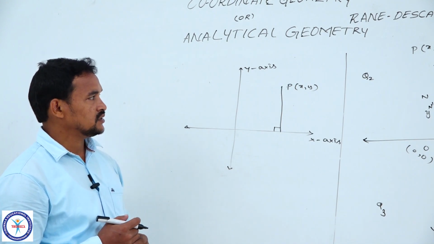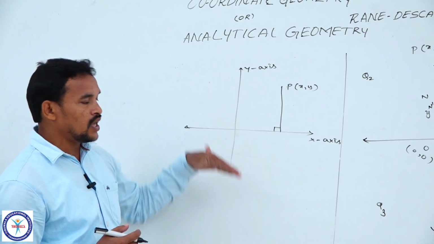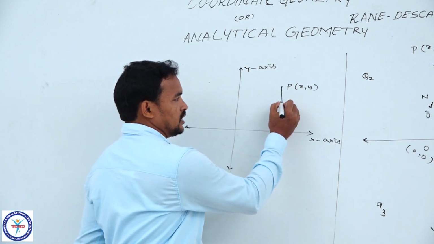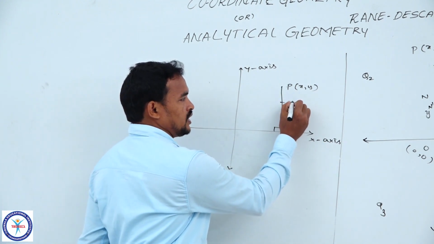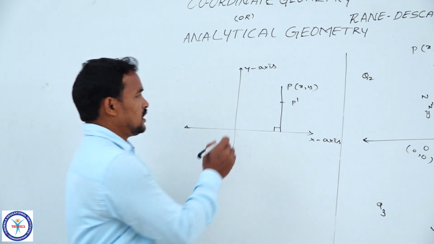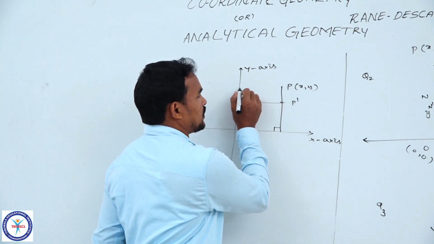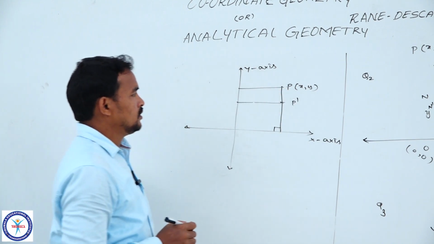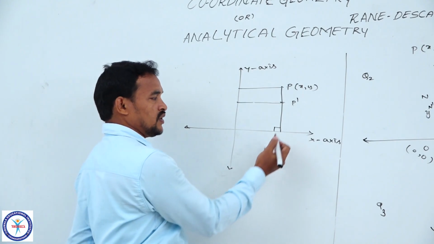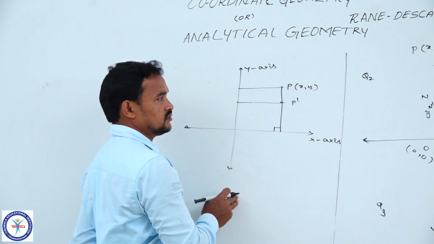Now in this case, the point P is closer to the x-axis. If the point P moves closer to here, it changes to P dash. At P dash, the perpendicular distance from the y-axis is not changed, but the perpendicular distance from the x-axis is decreased.